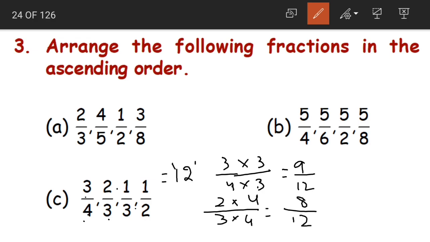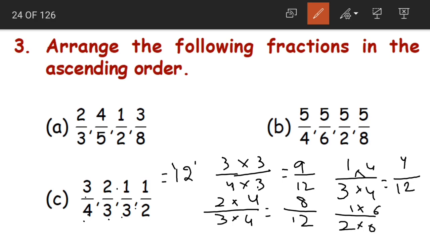So 2 4s are 8 and 3 4s are 12. Again 1 by 3. We have 3 4s are 12. So 1 4 is 4 by 3 4s are 12. And lastly we have 1 by 2. So 2 6s are 12, right? So 1 into 6 by 2 into 6. Now the resultant fractions are 9 by 12, 8 by 12, 4 by 12 and 6 by 12.